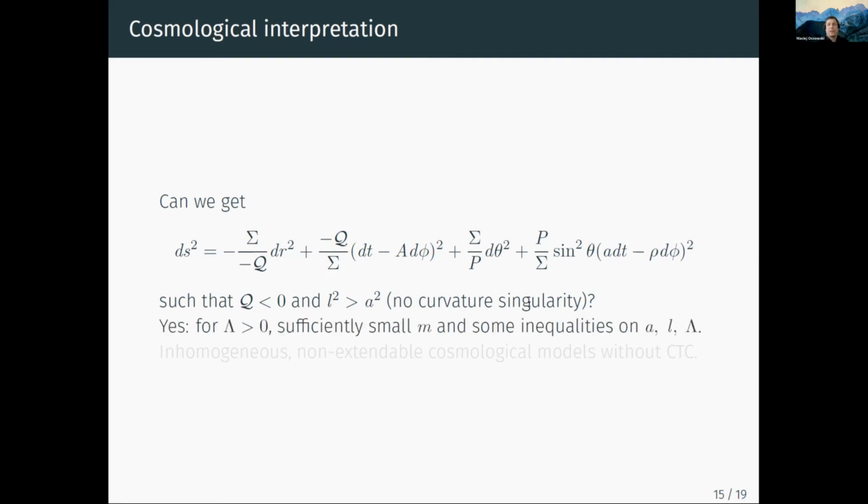So we can look at this solution as a cosmological solution, but now we are not constrained by the horizon, and the whole spacetime can be regarded as this cosmological model, which is inhomogeneous and has no singularities whatsoever.